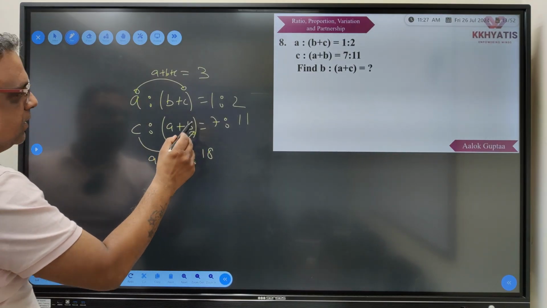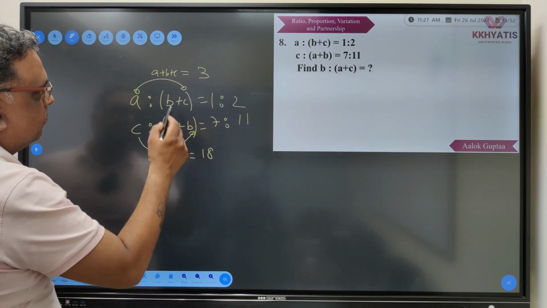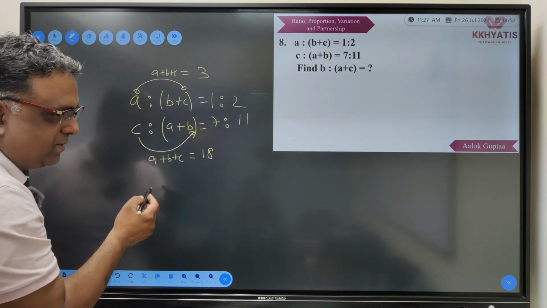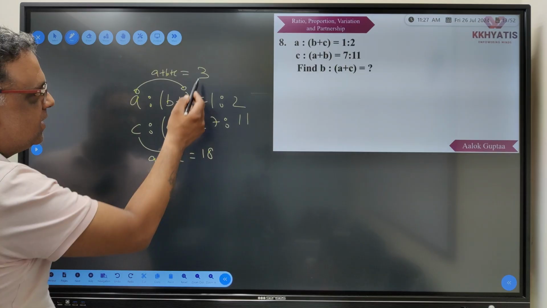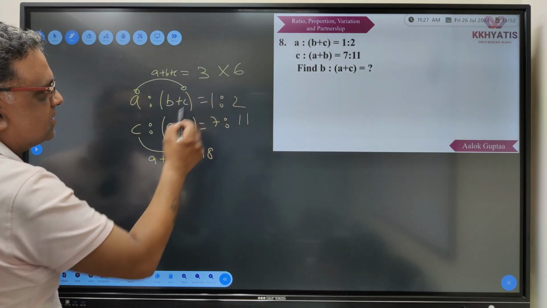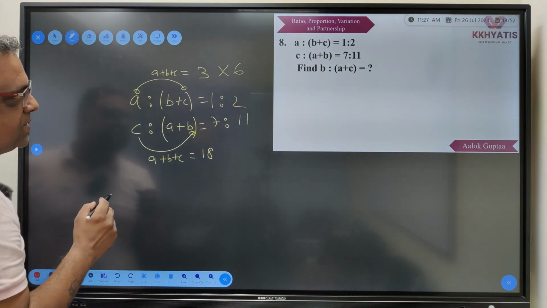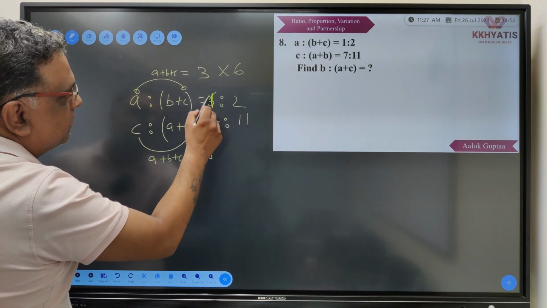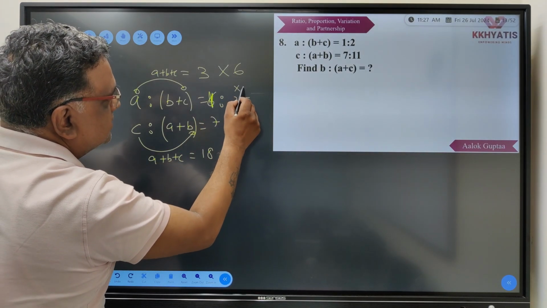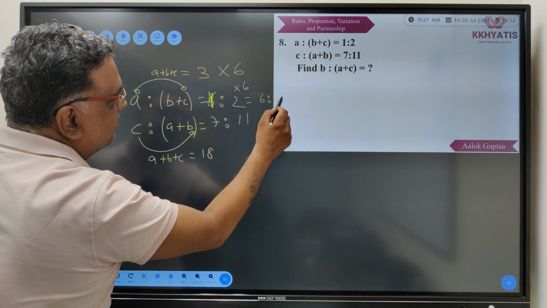Correct? Now both this are the ratio of same quantities, so make the total same. If I have to make this 18, I can make this 18 by multiplying this by 6. So if I multiply this by 6, the ratio will become 6 is to 12.